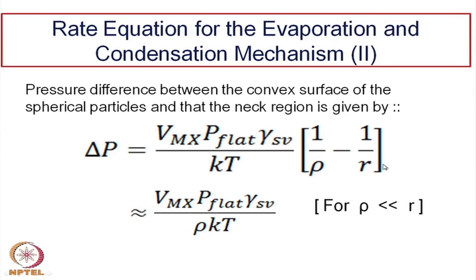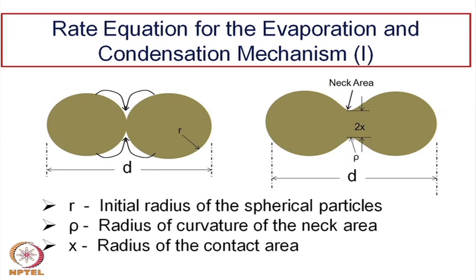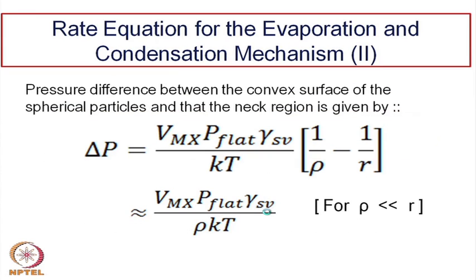Since rho, the radius of curvature of the neck region, is much smaller than r, the radius of the initial spherical particle, because although it is concave it is a very sharp change in radius, a very sharp change in curvature, the radius of curvature is much smaller than r.